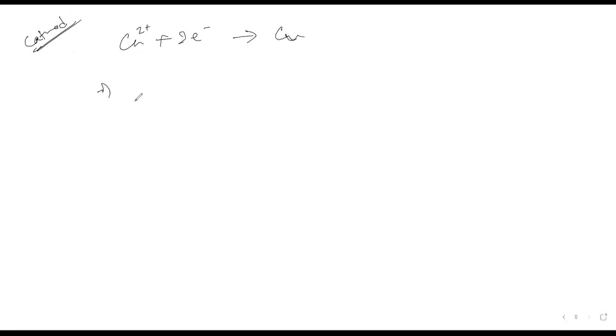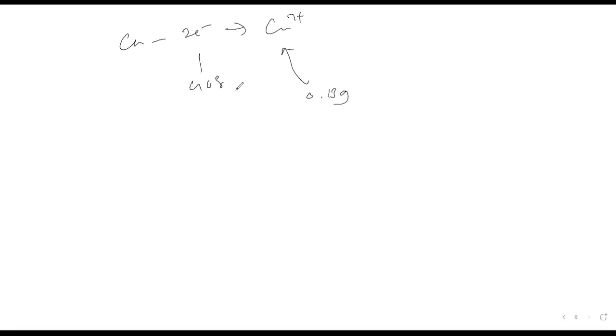On the other side, before writing the cathode reaction, let's do the anode part. At the anode, what happens? Copper loses 2 electrons, forming Cu2+. Now this Cu2+ which we just lost is how much? 0.13 gram, isn't it? And the charge being provided is how much? 408 coulomb.